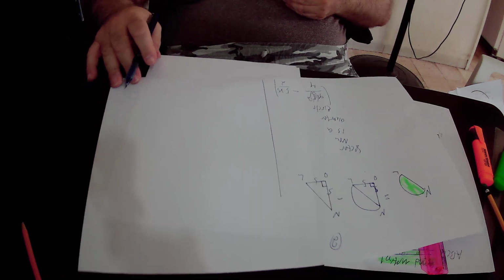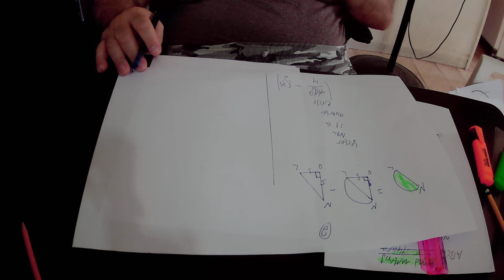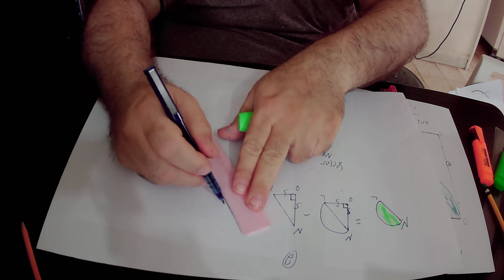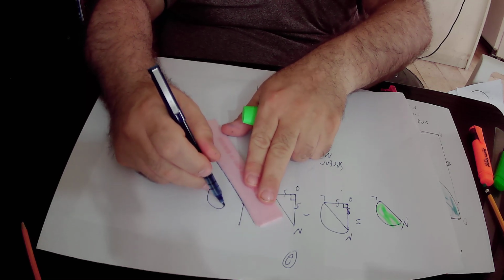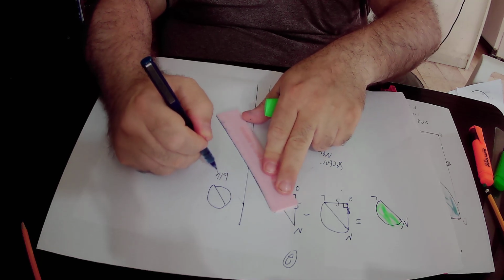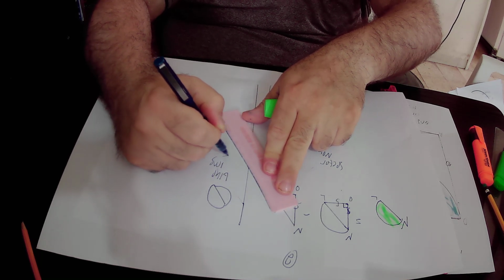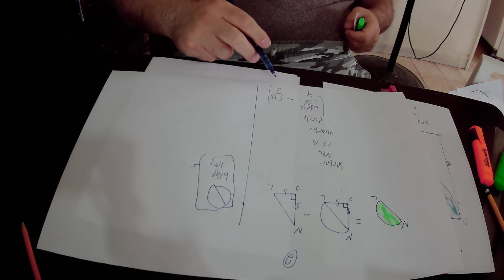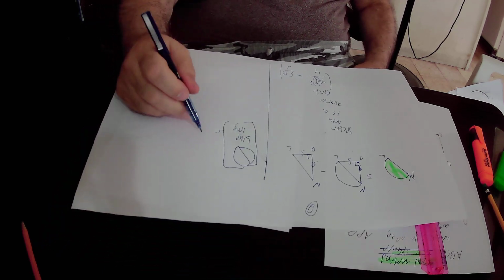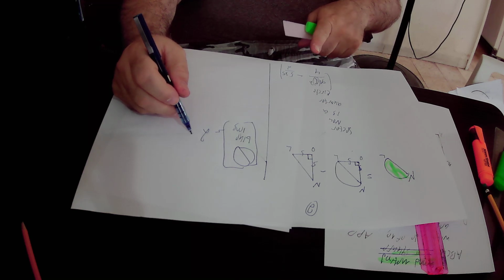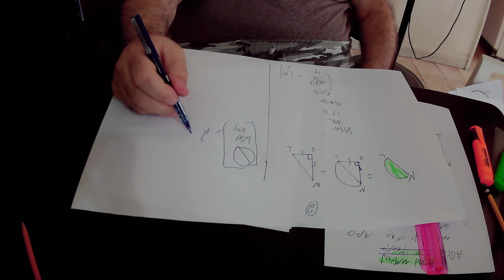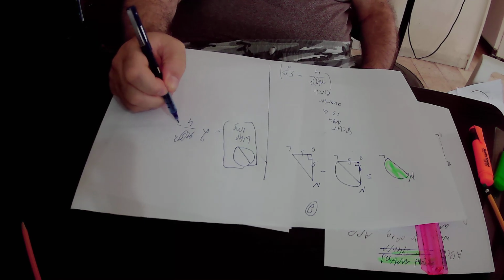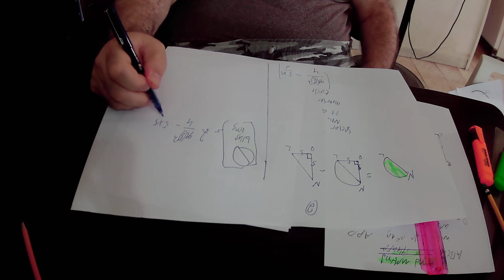So the area of the blue lens, this is the blue lens, is 2 times the area of circular segment NL, and the area of circular segment NL equals pi times 5 square over 4 minus 5 times 5 over 2.